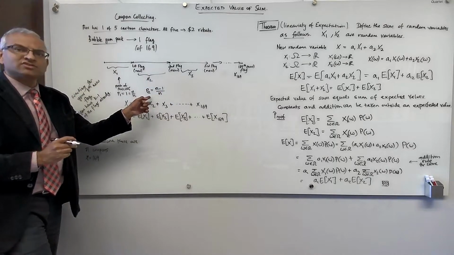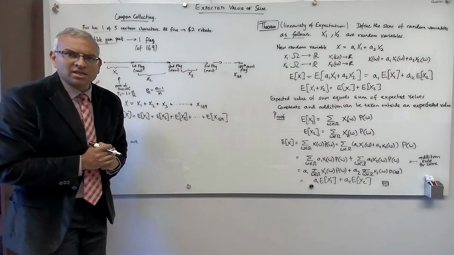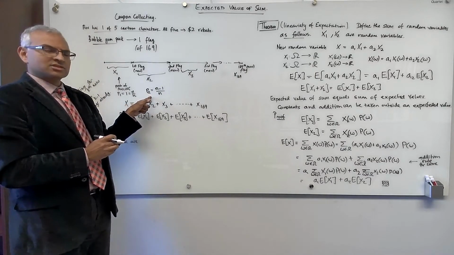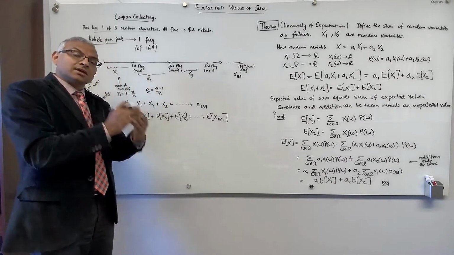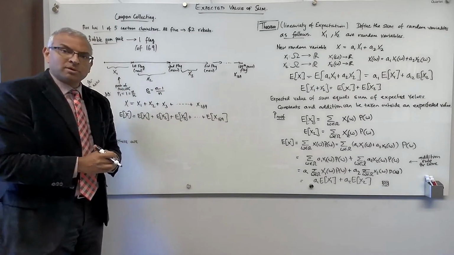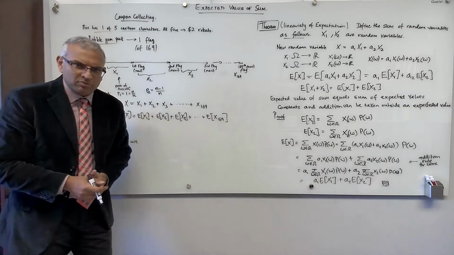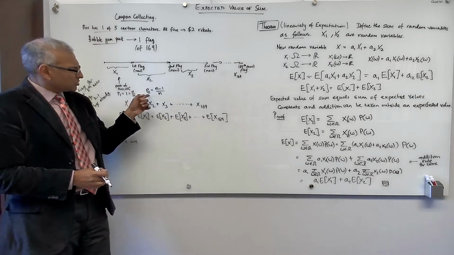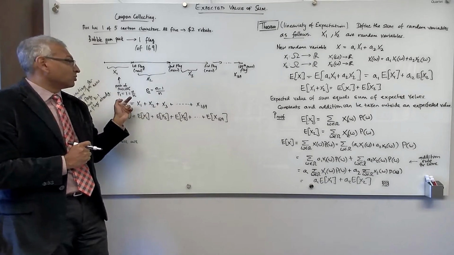You succeed when you get your second new flag. Each pack of gum you buy has a 1 in n chance that it's a repetition of your old flag. So your success chances are quite high, but not 1 anymore.